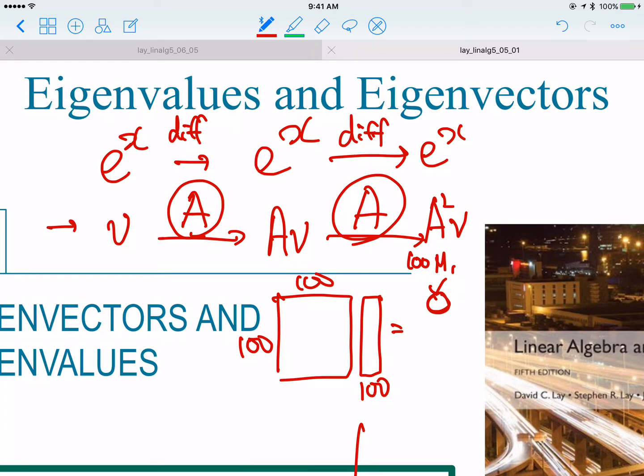We have 100 scalar values that we have to add up. In terms of pairwise addition, we have to do 99 additions, assuming we only add two scalar values at a time. And then we have to do it 100 times because we have 100 rows. So it's like 100 times 100 multiplications plus 100 times 99 additions.